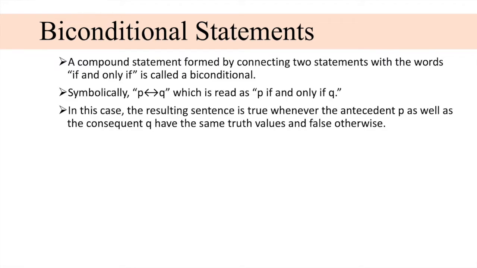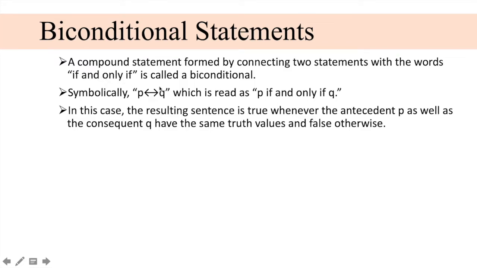So now let's proceed to biconditional statements. A biconditional statement is a compound statement formed by connecting two statements with the words if and only if. Symbolically, it is represented by this, where P is one statement and Q is another statement. We connect them with the words if and only if.